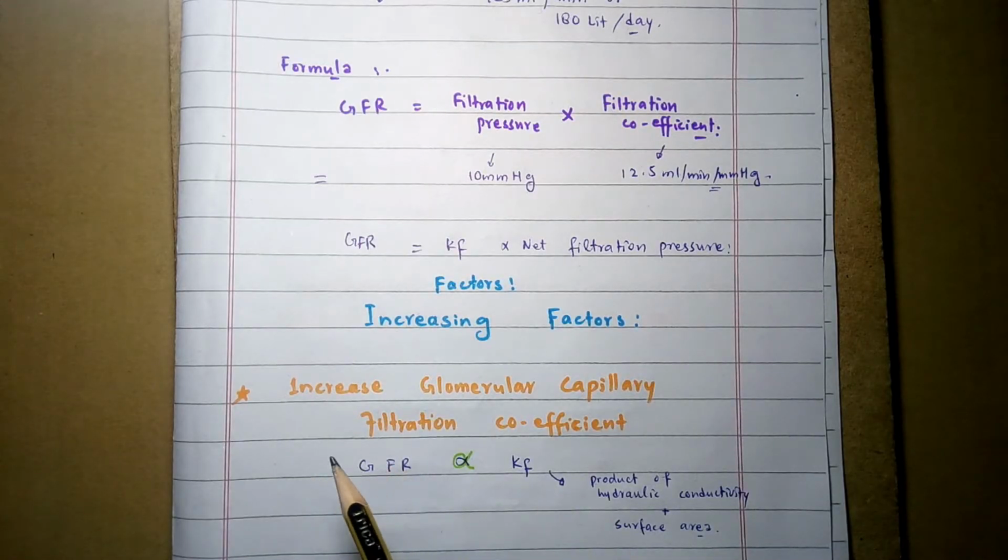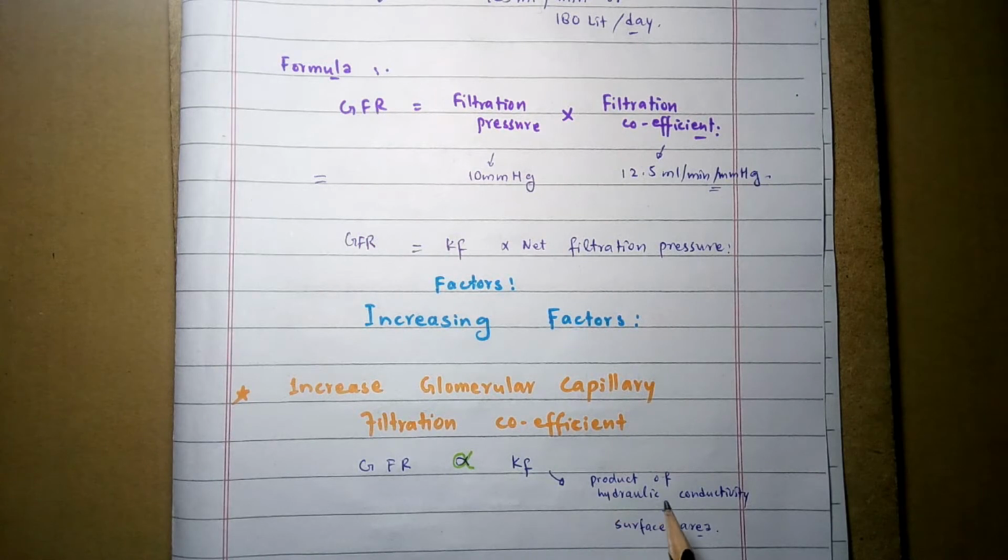Number one factor is the increase in the glomerular capillary filtration coefficient. An increase in the glomerular capillary filtration coefficient increases the GFR. So GFR is directly proportional to the glomerular capillary filtration coefficient, which is the product of hydraulic conductivity and the surface area.